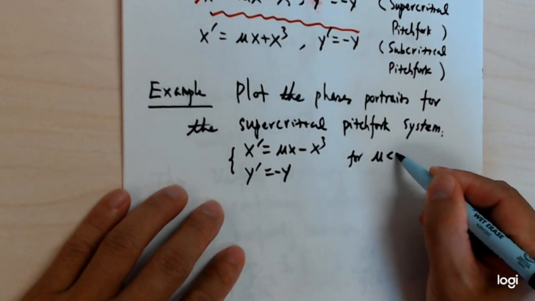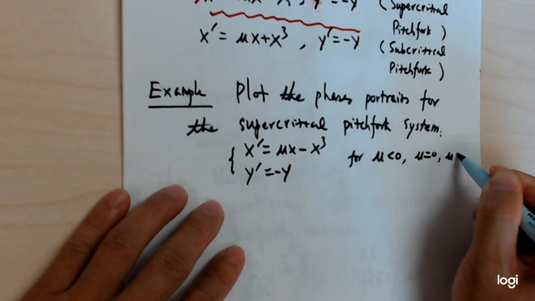For example, when mu is negative, when mu is 0, and when mu is positive.